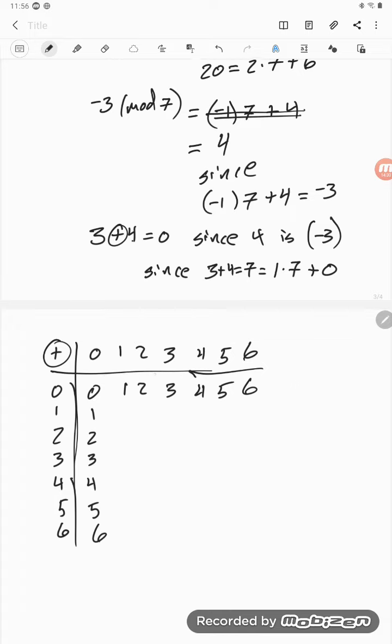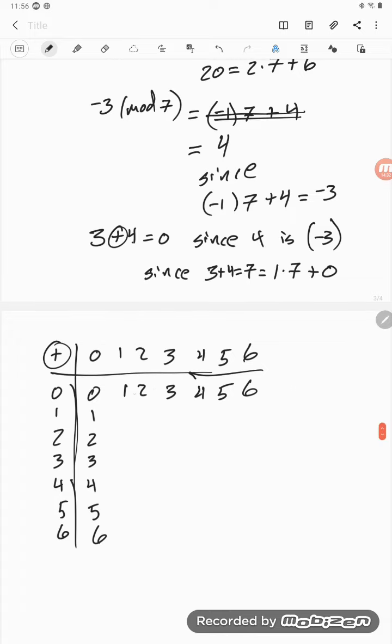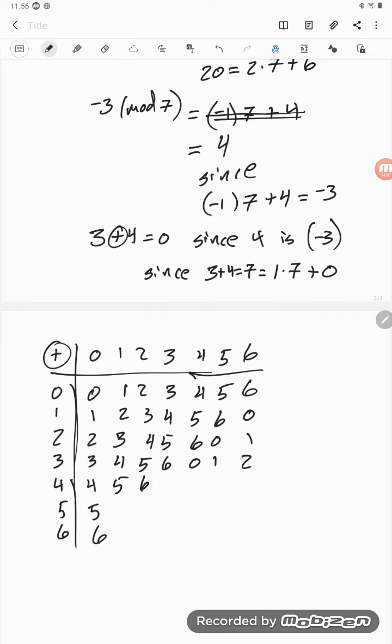Then 1 plus things just shifts it by 1: 2, 3, 4, 5, 6, and 0. Then 3, 4, 5, 6, 0, and 1, and so forth. 4, 5, 6, 0, 1, 2, then 5, 6, 0, 1, 2, 3, then 6, 0, 1, 2, 3, 4, and 0, 1, 2, 3, 4, 5.